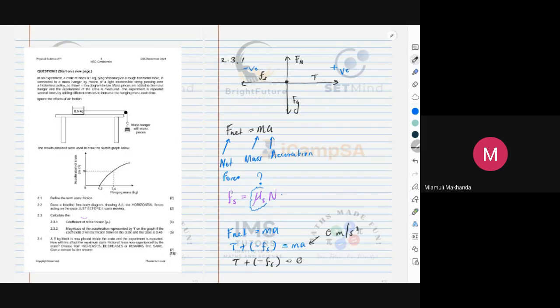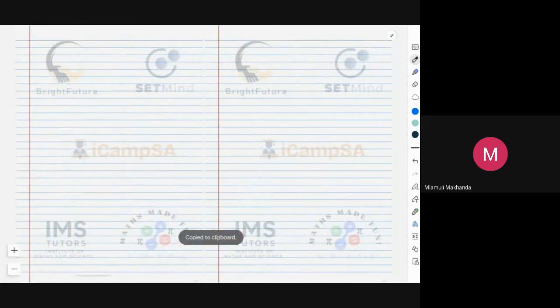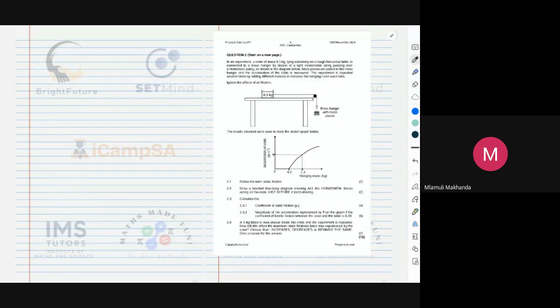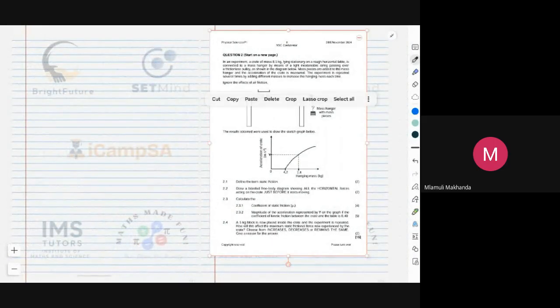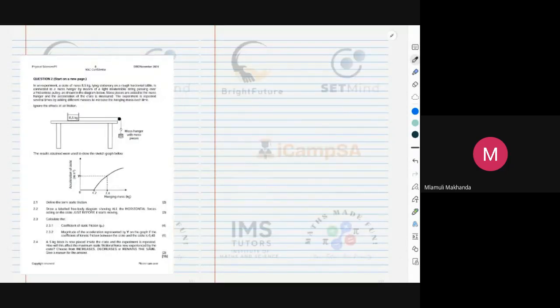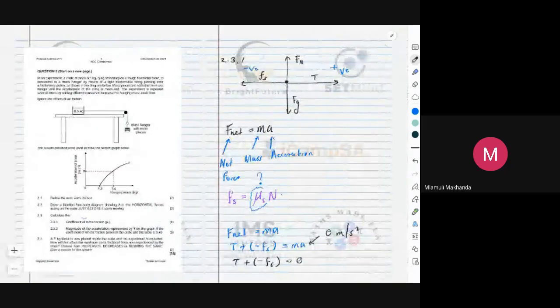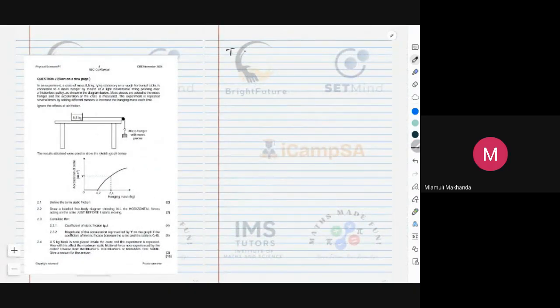So what this thing is saying to us is that, let me paste it here again. Okay. So we said T plus minus Fs equals 0. If you transpose this part to the right side, you'd have T equals Fs, right?